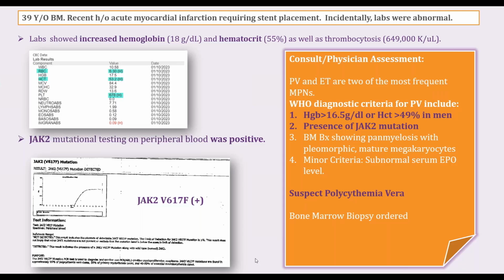And now he needs a bone marrow biopsy to assess whether there is panmyelosis, so an increase in all of those cell types with pleomorphic mature megakaryocytes, or another minor criteria would be a subnormal serum EPO level. So we talked about that. That could also lead to diagnosis of this patient.